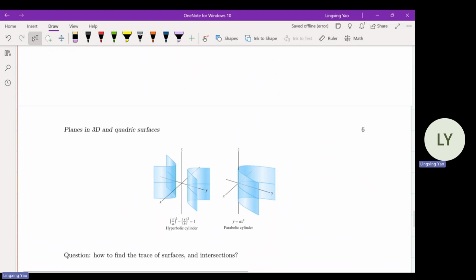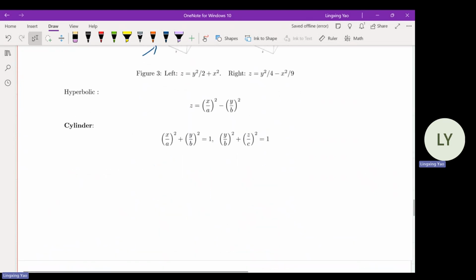And for now, we want to particularly discuss something related to the so-called cylinder. Cylinders are usually those quadratic equations involving two variables, so they become a plane curve. The third dimension is not restricted.